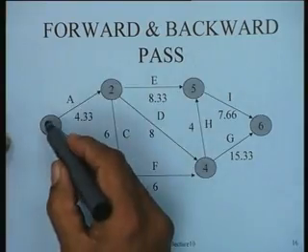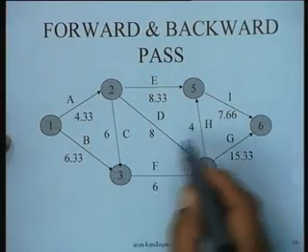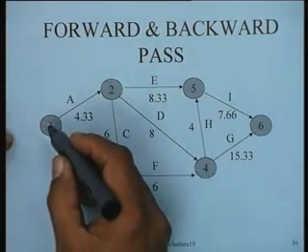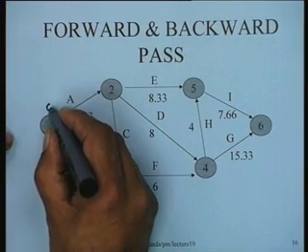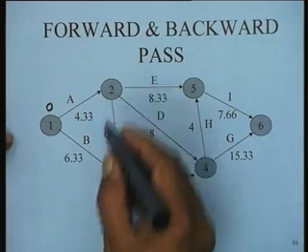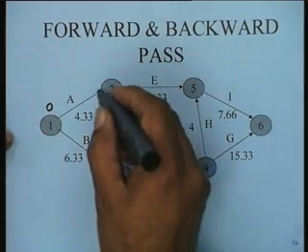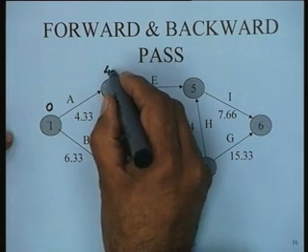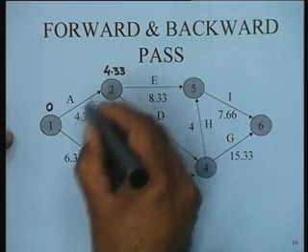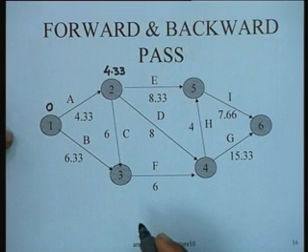We are going to determine the earliest occurrence times and the latest occurrence times for all the nodes. Starting from node 0, the earliest occurrence time of this node is 0. For node 2, the earliest occurrence time is going to be 4.33, because the duration of this activity is 4.33.